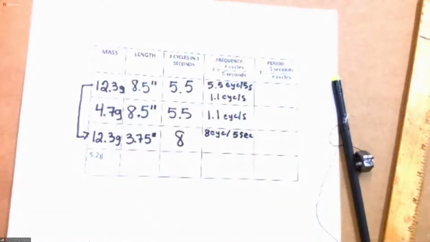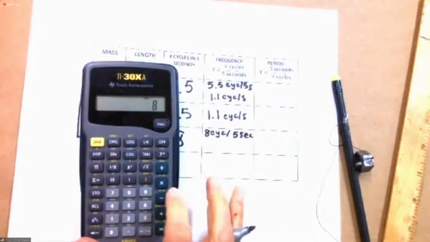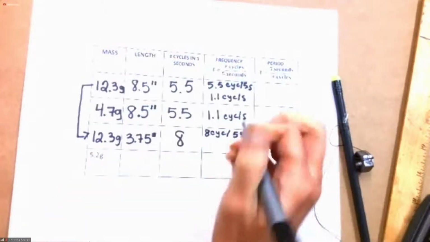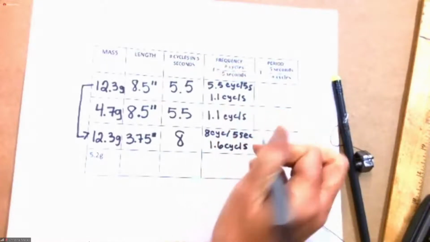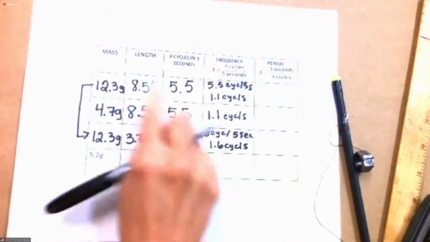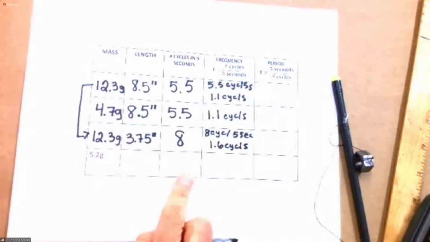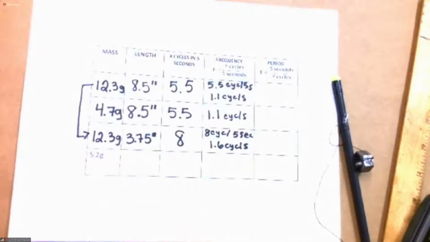That's why I told you to bring a calculator. You're welcome to use a calculator for this. If I do 8 divided by 5, then I get 1.6 cycles per second. So I was able to calculate the frequency of the harmonic motion of each of these 3 pendulums.